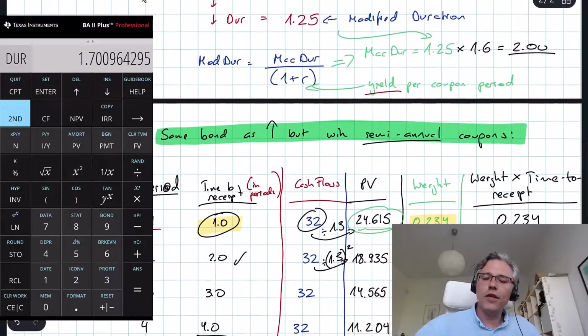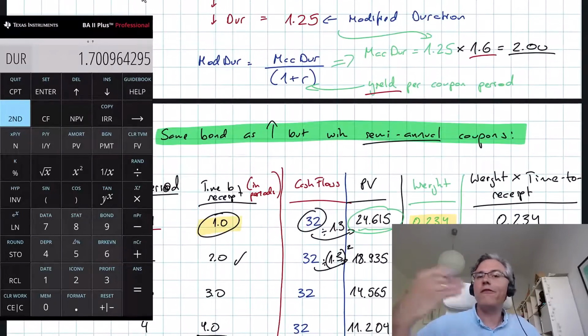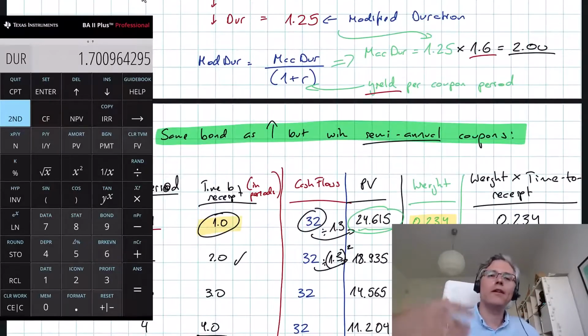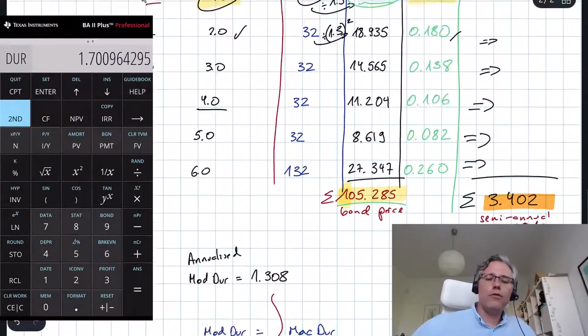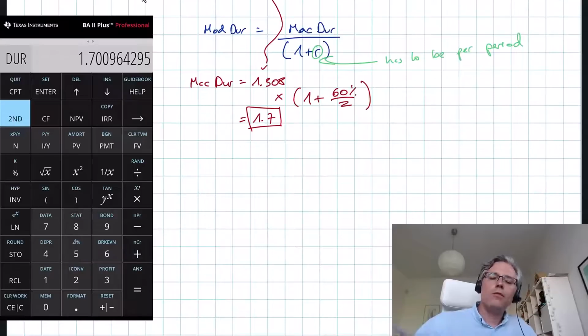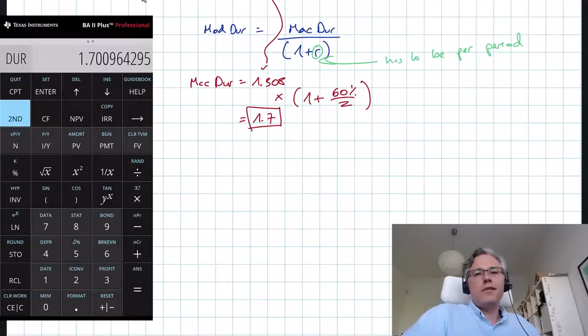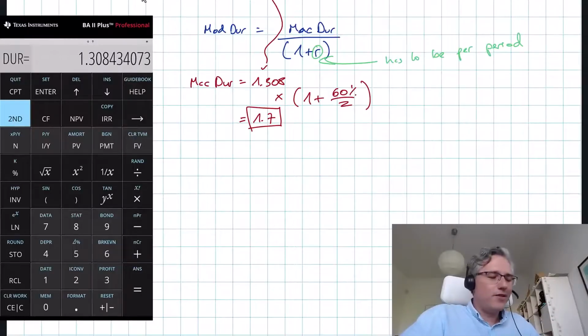This is why over here we multiplied by 1.6 in the first version of the example where we had an annual coupon paying bond. In the case of a semi-annual coupon paying bond, you also multiply by 1 plus R, but scale it down to a per coupon period basis, which in this case would be dividing 60% by 2, so you get 1.3, and you will arrive at the right result, and this will save you so much time in the exam, providing your calculator can perform these computations.